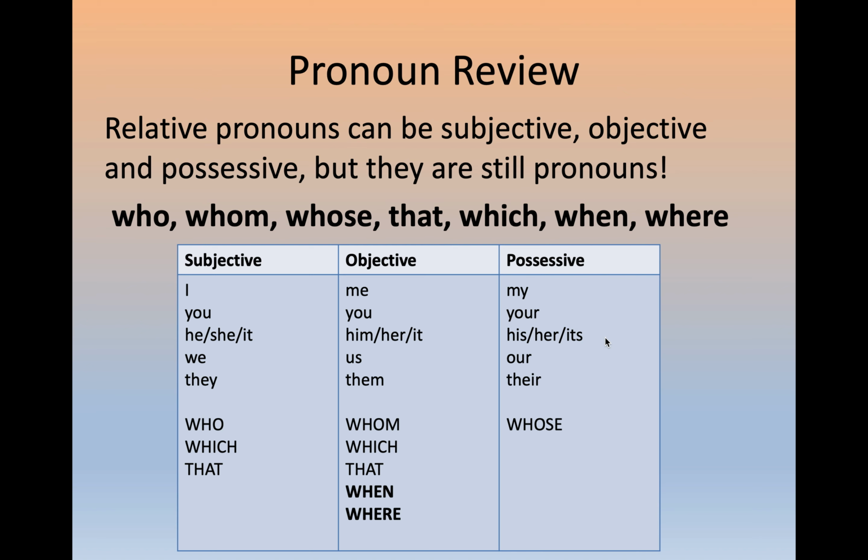They go in the subjective part of the sentence. Me, you, him, her, it, us, them. These are objective. They go in the objective part of the sentence. You told me. I told you. You told him. You told her. You told it. You told us. You told them.